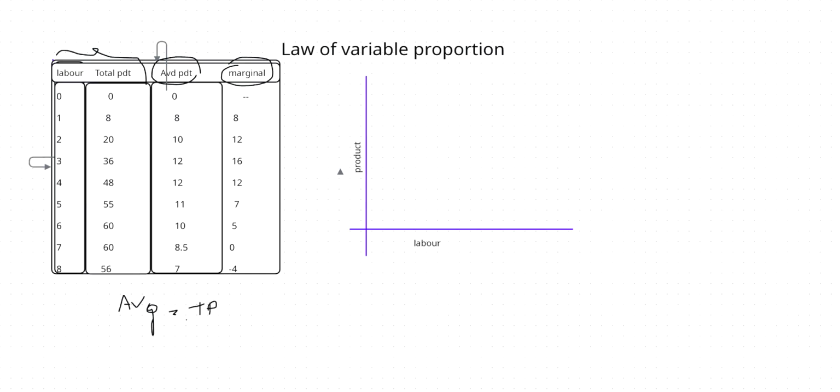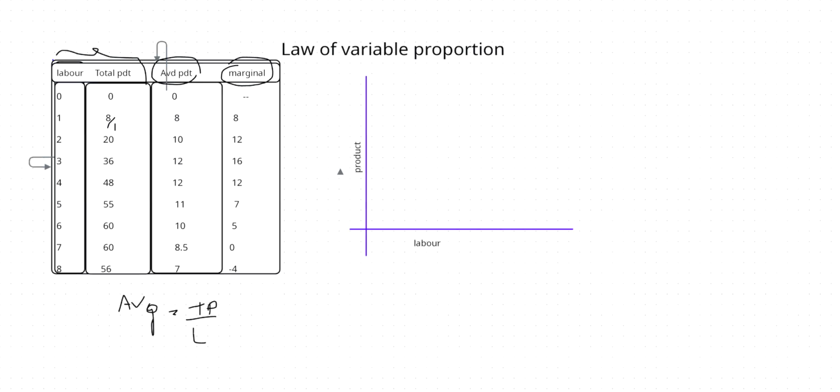For example, at zero labor, the total product is also zero, so zero divided by zero turns out to be zero. At one labor, I have got a product of 8, so my average is 8 divided by 1, which is 8.